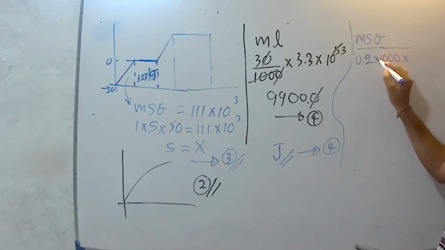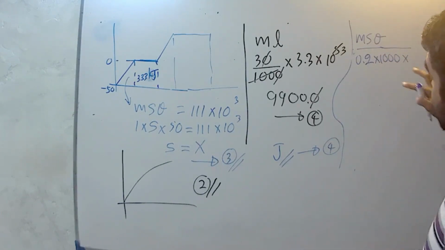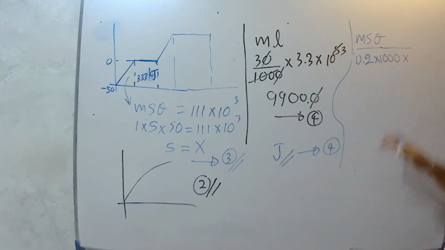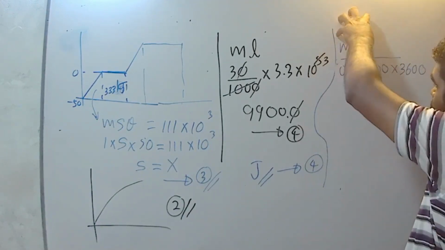Kilowatt we convert to watts by multiplying by 1000, and hours we convert to seconds by multiplying by 3600, since work done is power into time. The heat energy absorbed by water is ms theta.